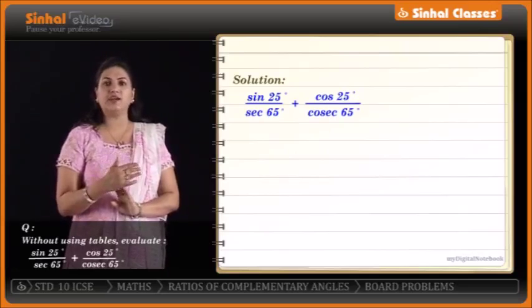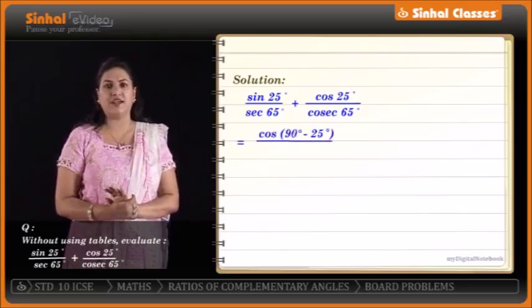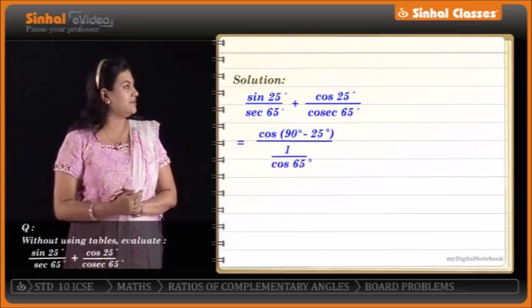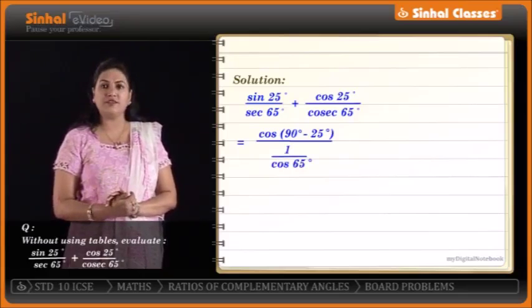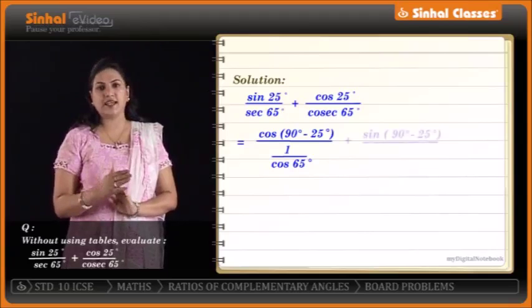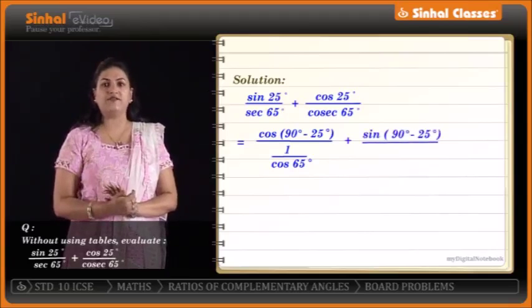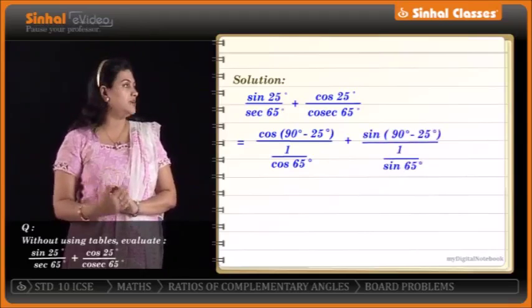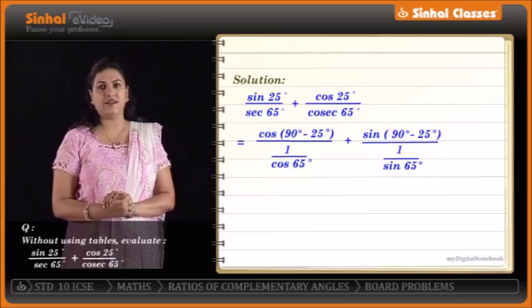So we write sine 25 as cos 90 minus 25, and sec 65 as 1 upon cos 65. Now in the second term we are given cos 25 and cosec 65. Now cos 25 we write as sine 90 minus 25 and cosec 65 as 1 upon sine 65.